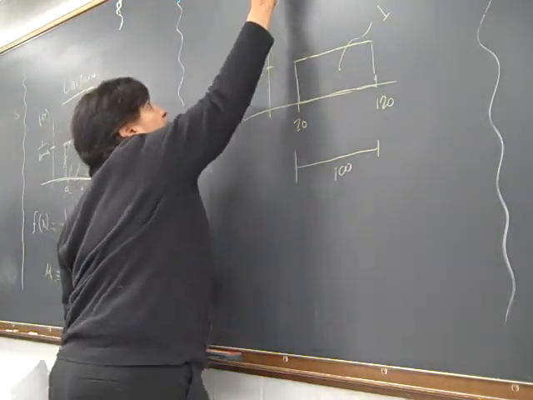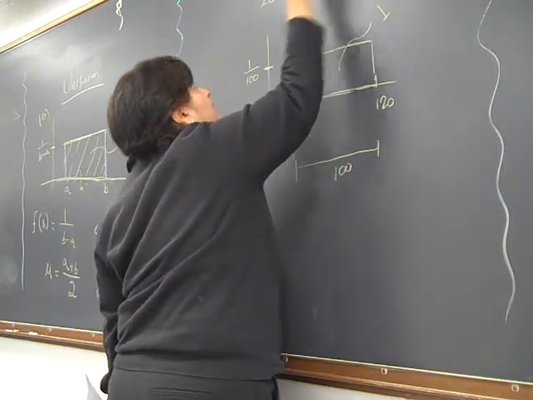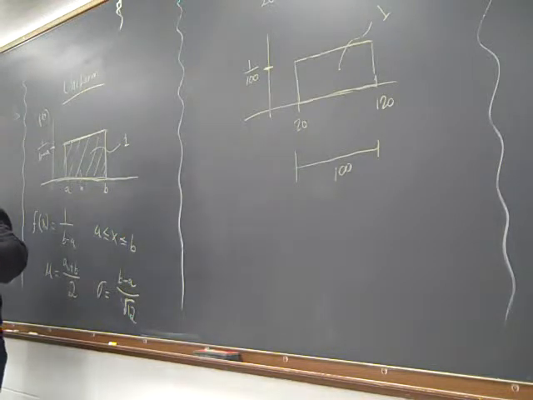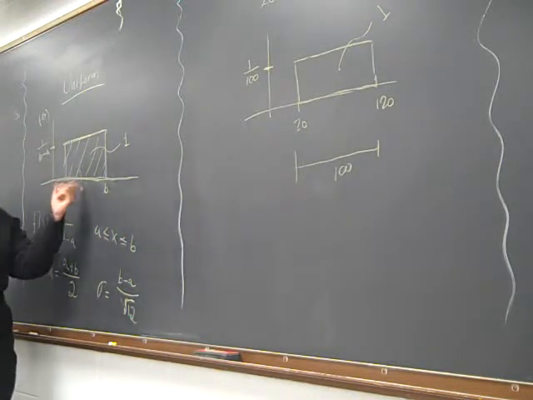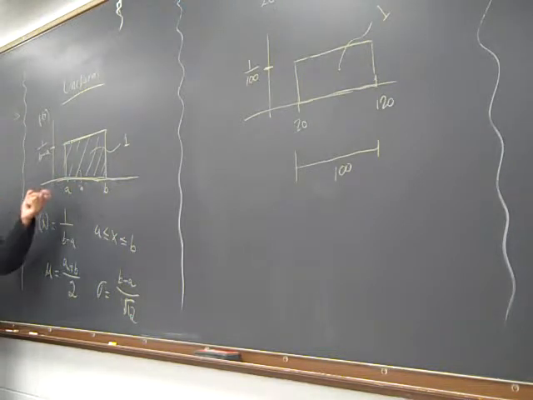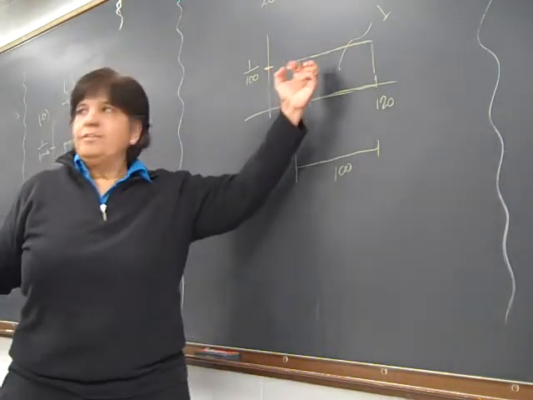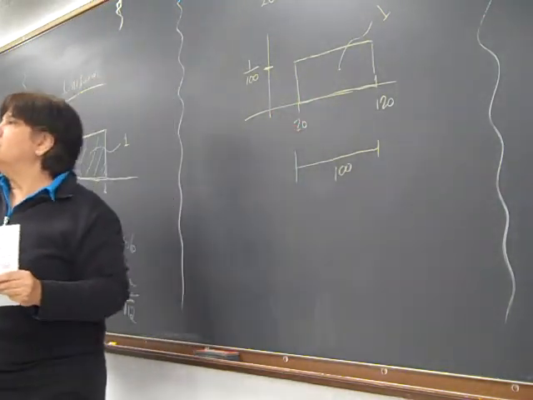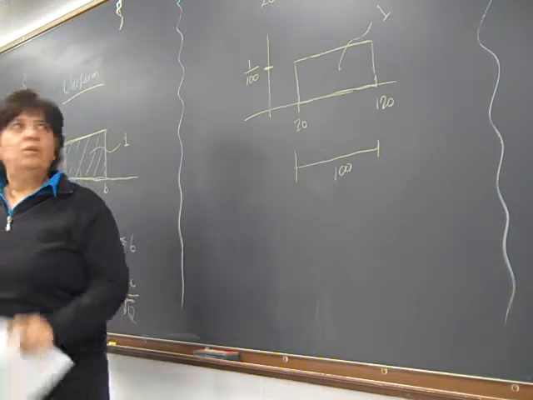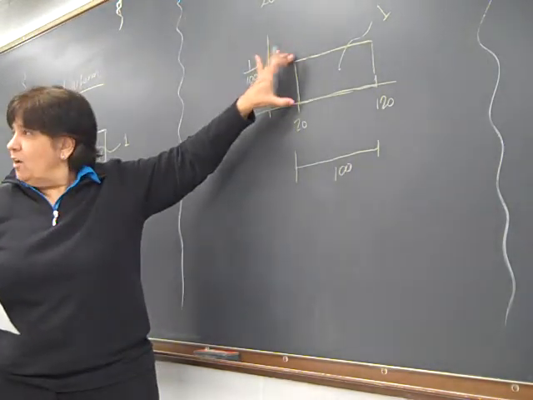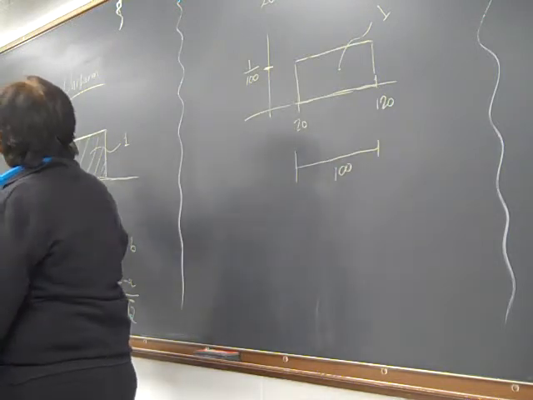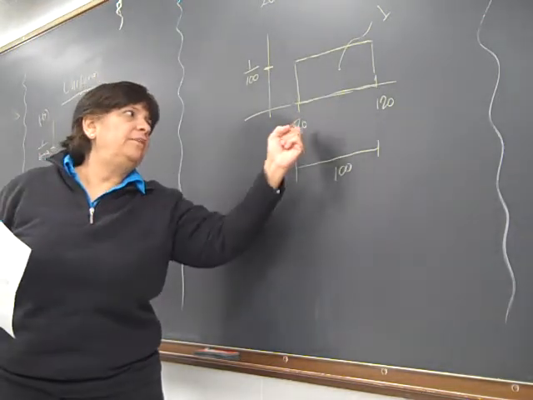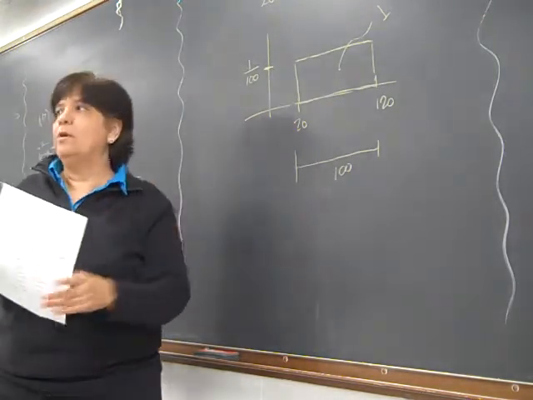So a and b are the values of the interval in my uniform distribution. A is 20, b is 120. So what has to be the height of the distribution? The height has to be 1 divided by b minus a, and 120 minus 20 is 100, so 1 divided by 100.